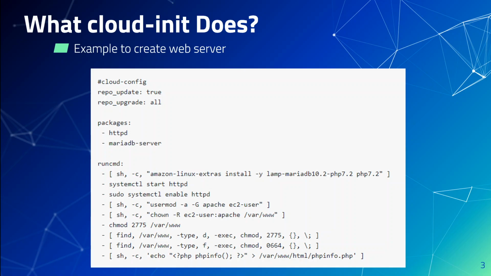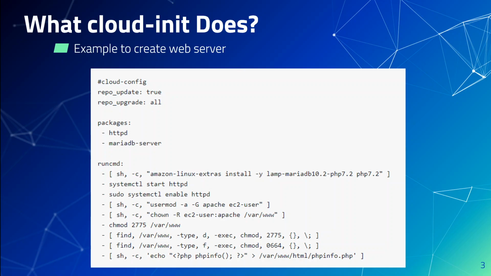Now coming back to this example, we are configuring a web server, which is httpd, and the commands are familiar. So if you read it from top to bottom, in the first section we are just specifying the repo directive, and then we are specifying the packages which we will be using in this Cloud-init configuration.